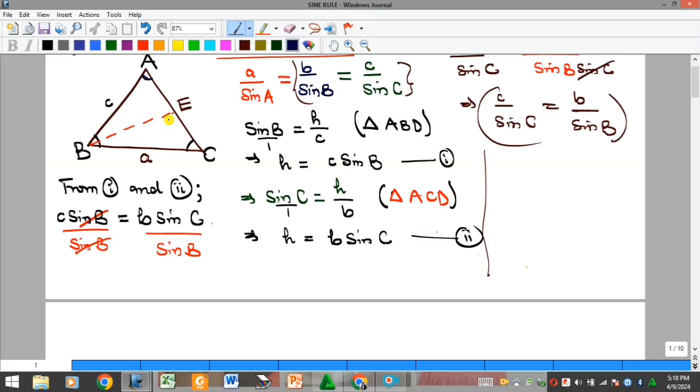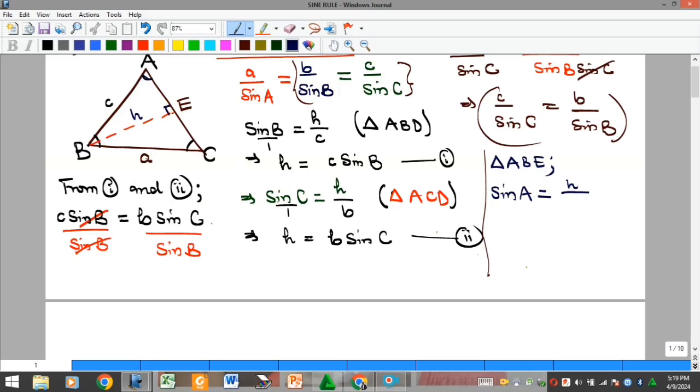All right, so from here, if we now consider triangle ABE, watch what I'm saying. I'm considering this first triangle up here. So you will see from there that the sine of angle A is equal to the opposite, which we can call H, all over the hypotenuse.